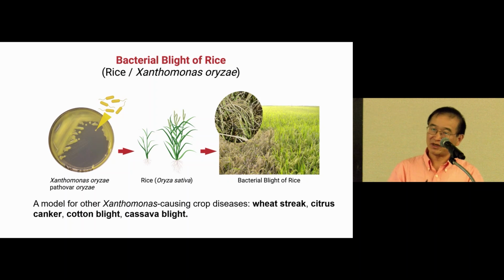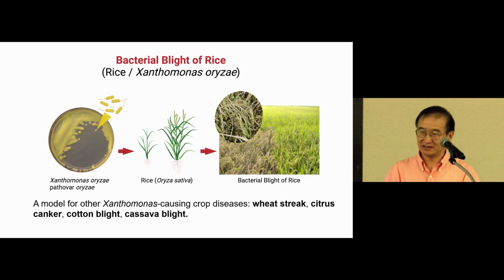And take one step back, I work on bacterial blight as a model to study microbe-host interaction, called bacterial blight of rice. It's the pathogen Xanthomonas oryzae, we call Xoo, which infects rice. This is a vascular disease, and it's a big problem for South Asia and Africa, and causes lots of yield loss.